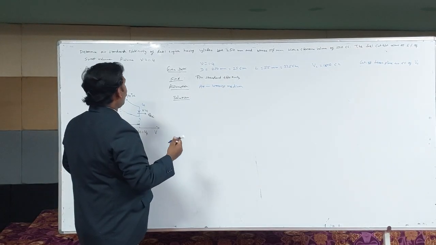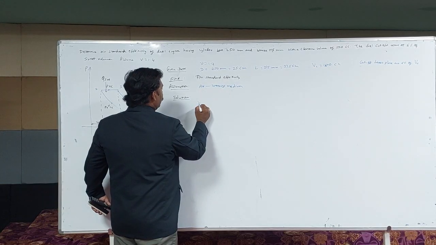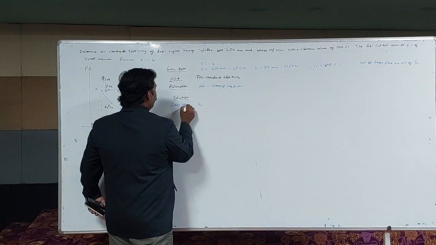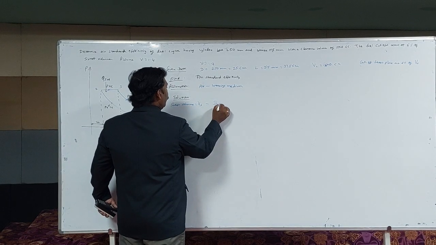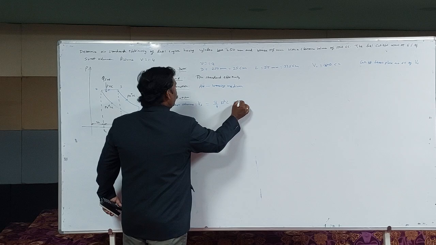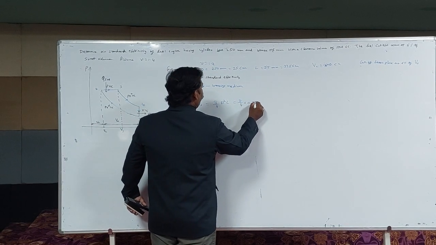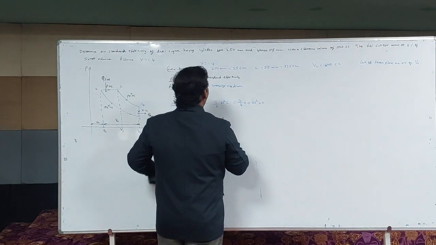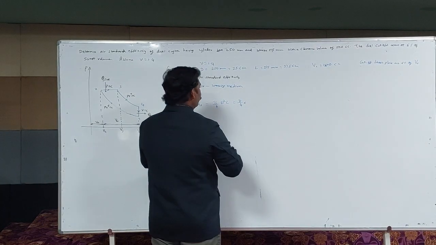So first try to find out what is Vs, swept volume. Swept volume Vs is equal to pi by 4 D square L, that is equal to pi divided by 4 into 25 square into 37.5 in terms of centimeter.